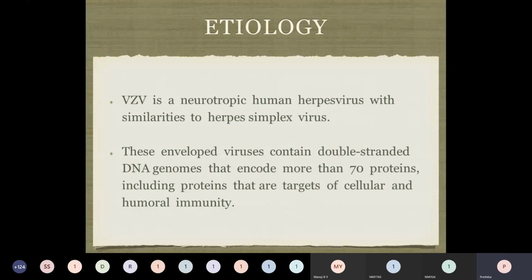These enveloped viruses contain double-stranded DNA genomes that encode more than 70 proteins, including the proteins that are the targets of cellular and humoral immunity, meaning T cell and B cell immunity.